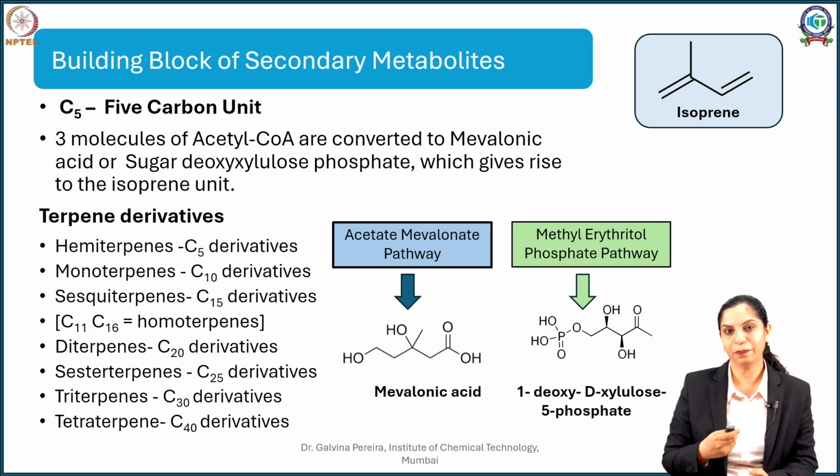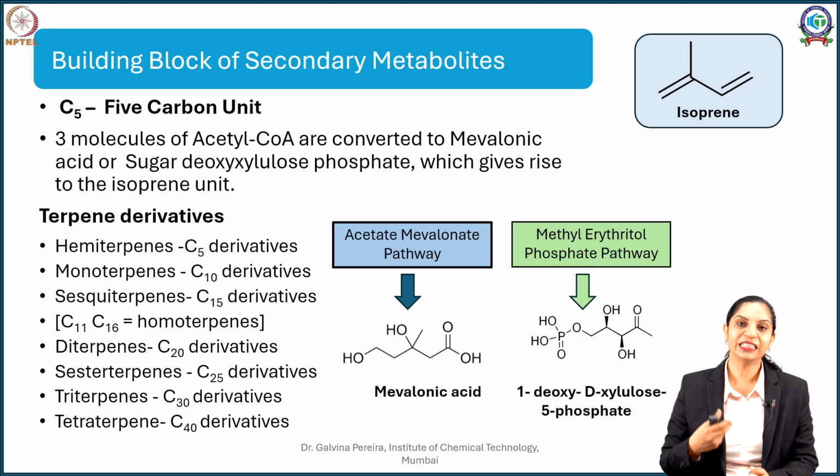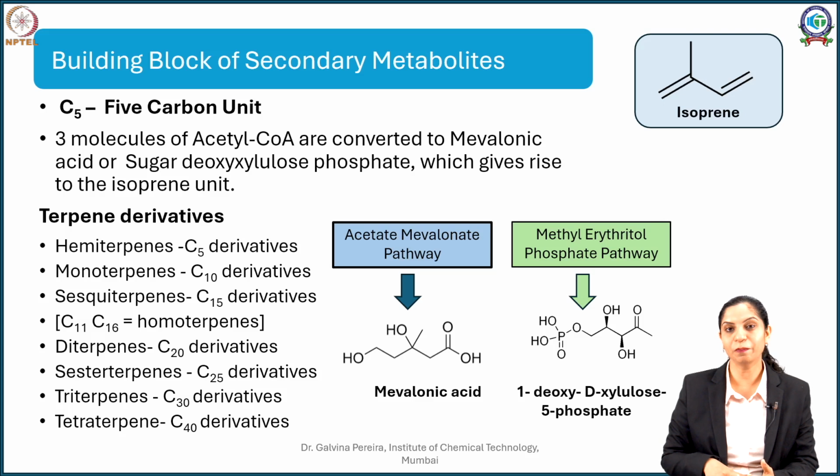Now surprisingly, in nature one more phenomenon happens: there are compounds, especially aromatic ones, which come from the isoprene unit but don't fit in multiples of 5. They are called homoterpenes, and generally they are C5 multiples plus 1 carbon. So you might come across a compound which is C11, that is C10 plus 1, or compounds such as C16, which is C15 plus 1.